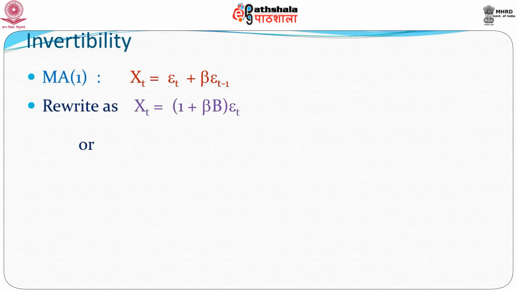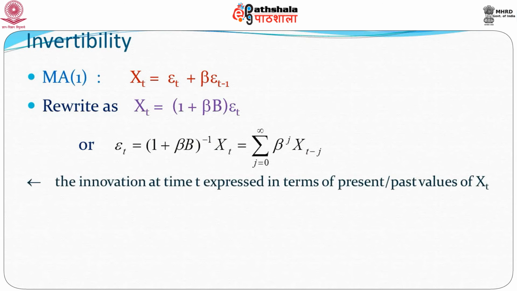We rewrite xt as 1 plus beta b epsilon t, where b is the backward shift operator, or epsilon t is 1 plus beta b inverse xt, and we can write this in terms of the past values of the process itself, that is of xt itself. The innovation is expressed in terms of present and past values of xt.